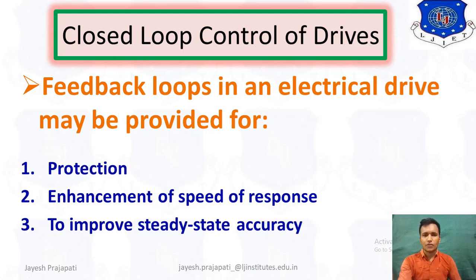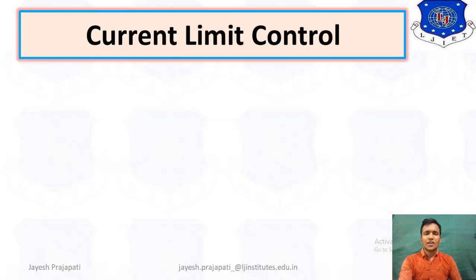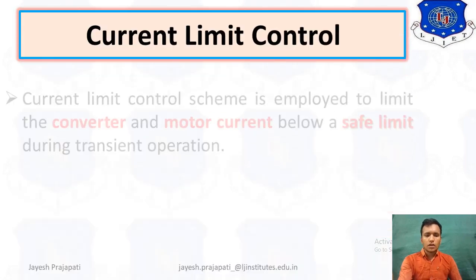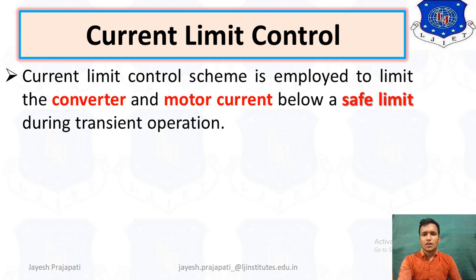So let us start first with the current limit control. The current limit control scheme is employed to limit the converter and motor current below a safe limit during transient operation. That means to limit the converter and motor current below the safe limit, because sometimes the current will be very high, so we have to provide some current limit.